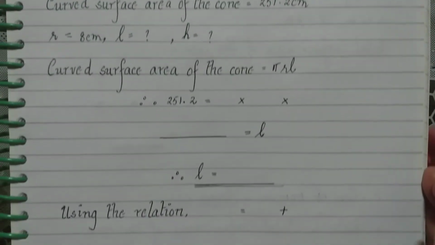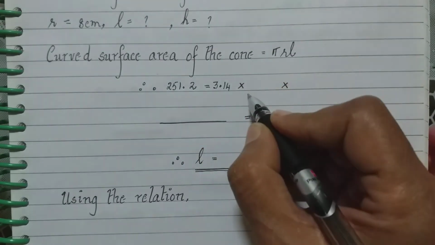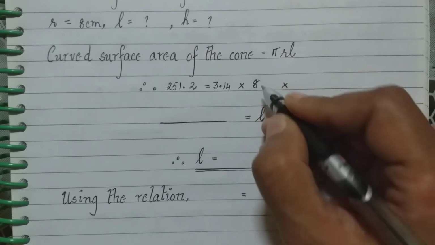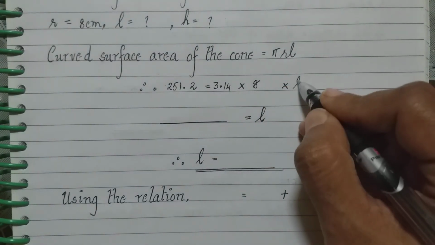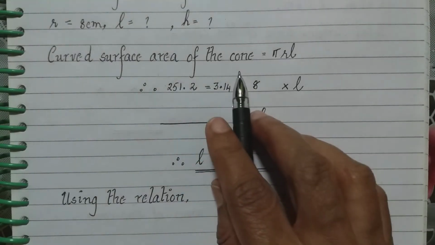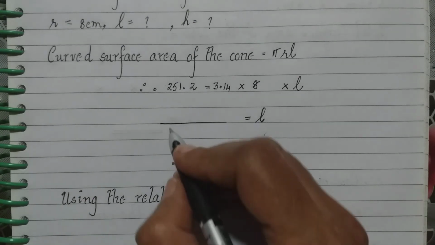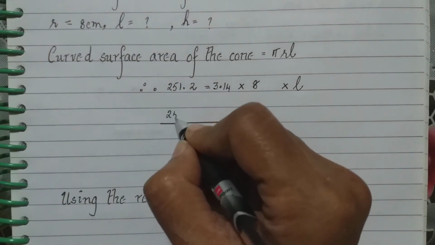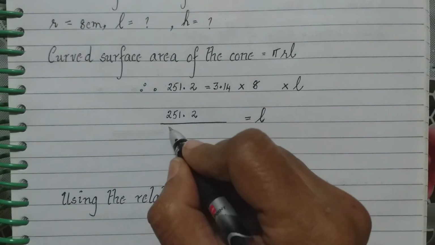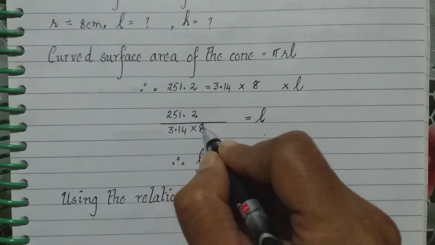So here it will be 3.14 into r. R is given as 8. So we write 8. L we do not know. So we write L. So if I want to find L, I have to take this 3.14 into 8 on the other side. So that will come to the denominator. So this becomes 251.2 and in the denominator 3.14 into 8.